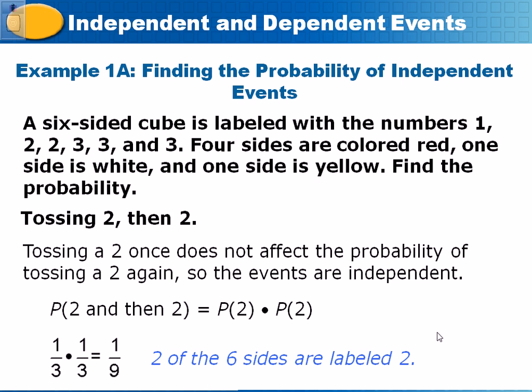So this would give us 1/3 times 1/3, which is 1/9. Got it? Because it's independent, we just multiply the individual probabilities to find the probability of tossing a 2 and then another 2.